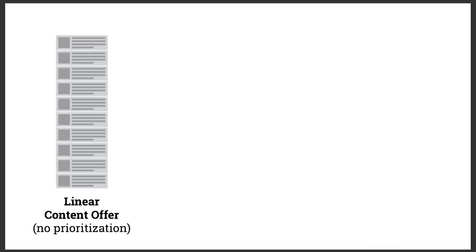When you don't really know how the habits of your users are, you're left with a linear content offer, no prioritization at all. The newer content comes first, and the older content comes last.